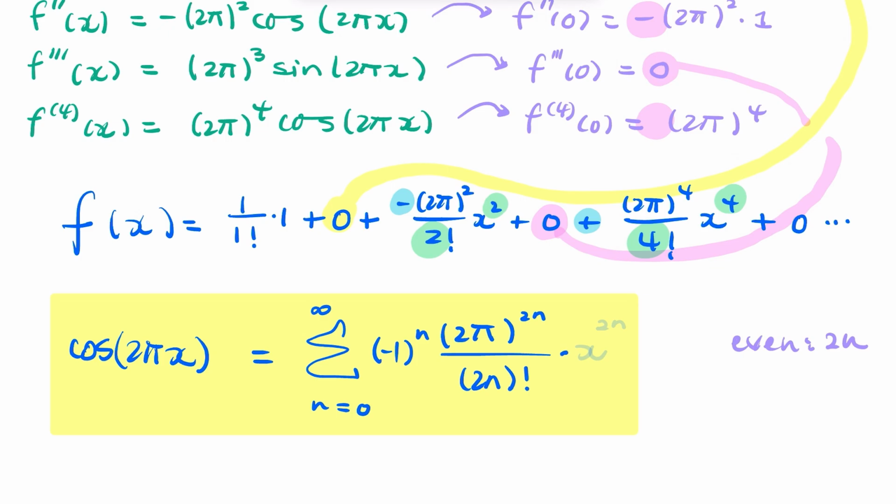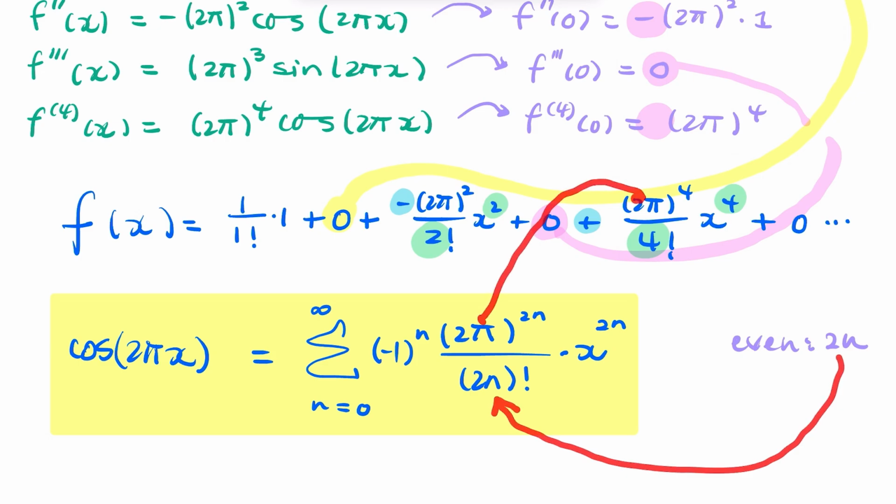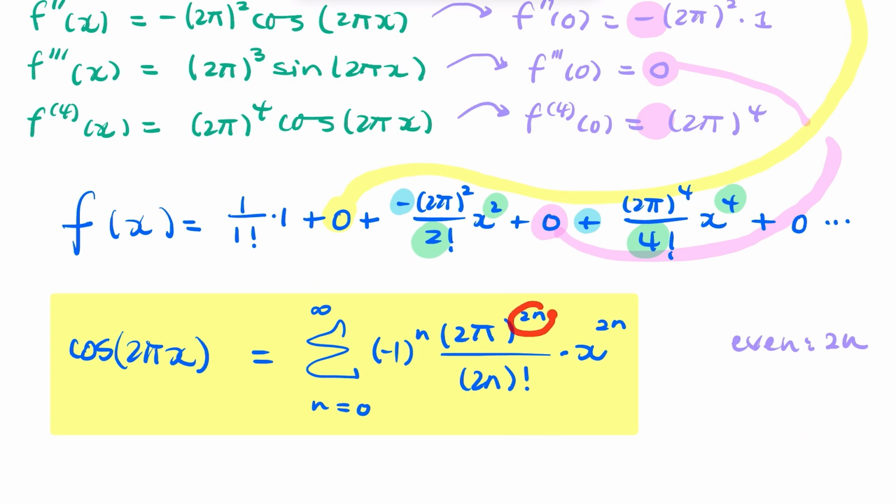So we multiply that by x to the power 2n, and we make sure that the alternating signs of negative, then positive, then negative are encoded using a negative 1 to the power n.